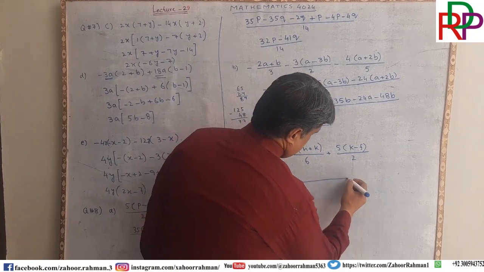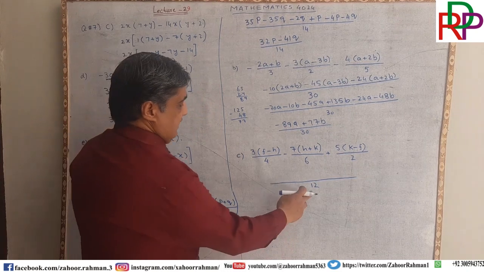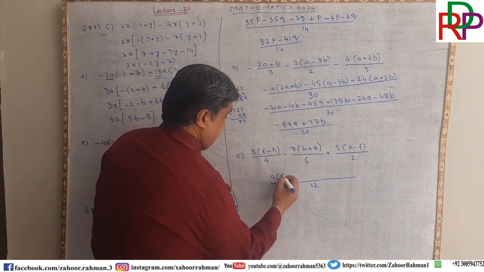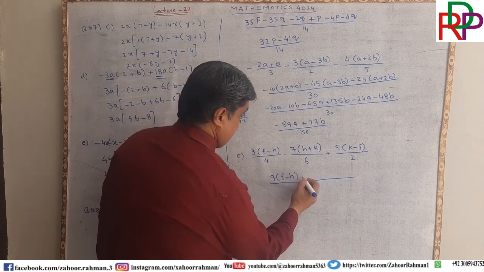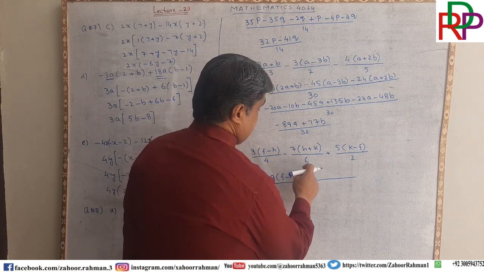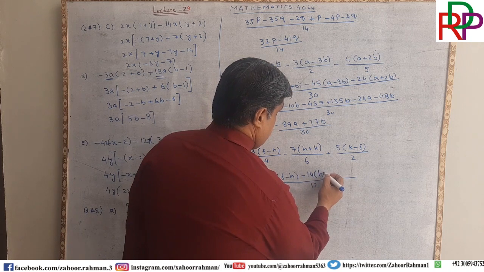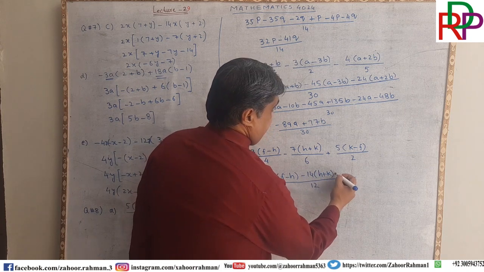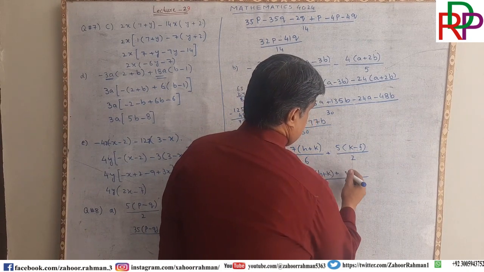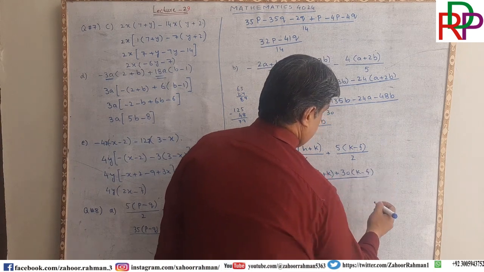Okay, now let's do part number C. And first of all, I am taking 12 as the LCM. When 12 is divided by 4, 3 3s are 9, and f minus h. Minus will be in its place, so 12 divided by 6 is 2, and 2 sevens are 14, h plus k, and then plus 6 5s are 30 into k minus f.